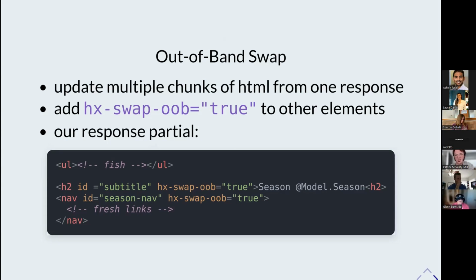So it's not always going to say season 1 or whatever page you were on. Then we're also going to swap out the nav. So we'll tell you what the next pages are based on this, and also swap that out of band. So HTMX is going to find those IDs, we'd have to add them, and then plug that in as it goes.